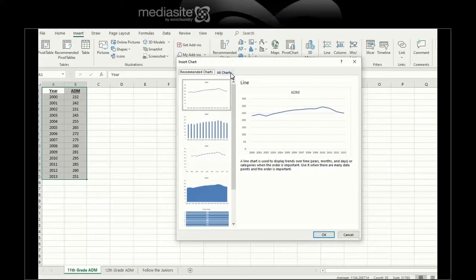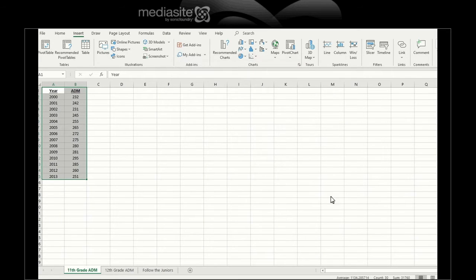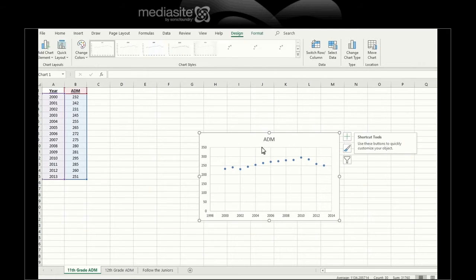What kind? Here's recommended. Let's go to our charts. What I'm going to want is a scatter plot, an XY. I just want the data dots.